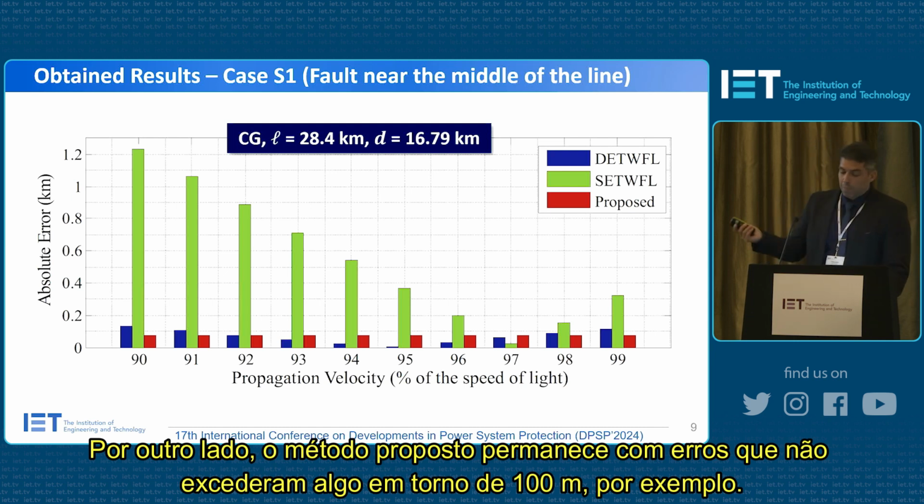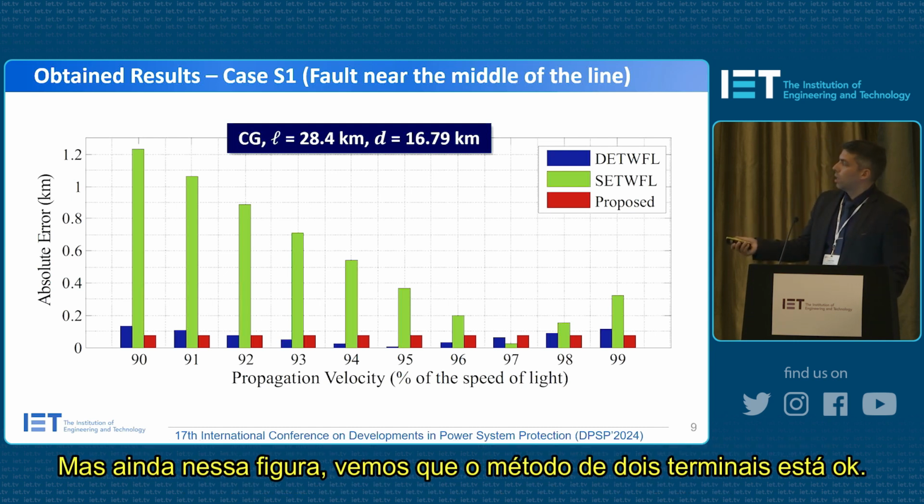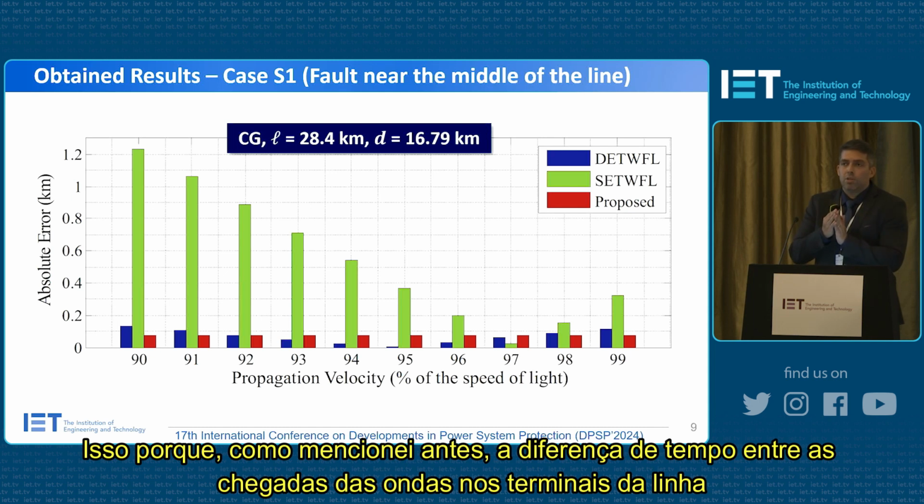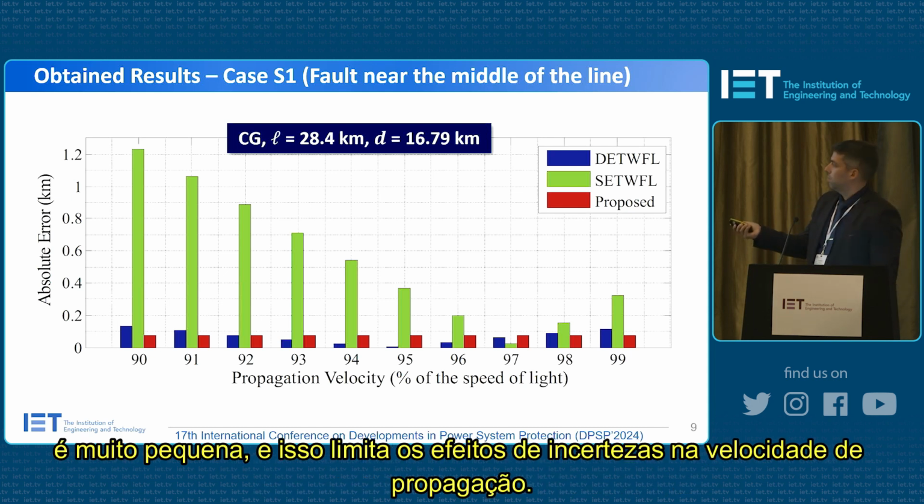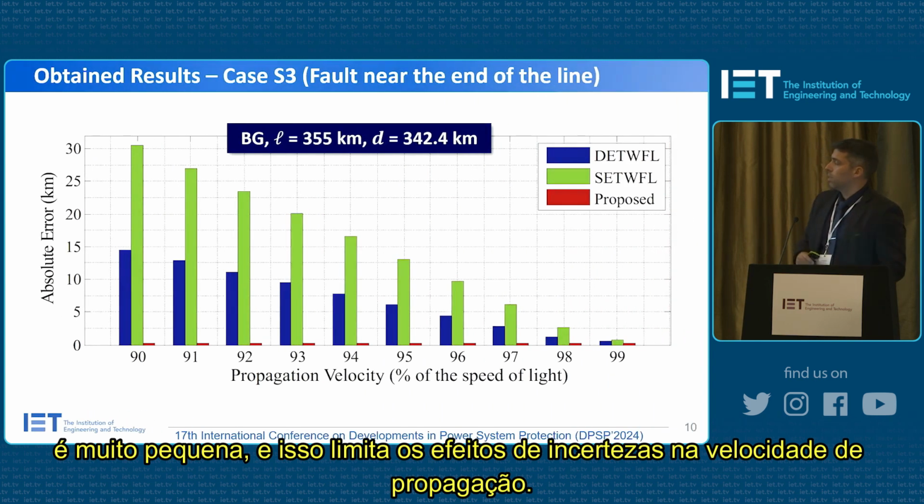The double-ended method is okay here, because the time difference between the wavefronts is very small, and it limits the effects of uncertainties in propagation velocity.